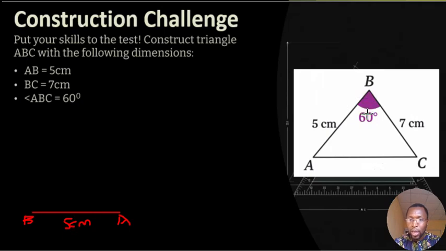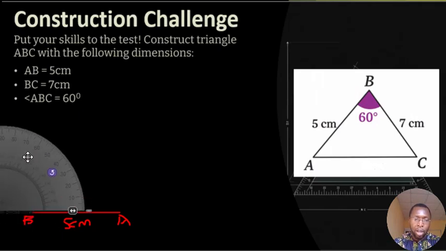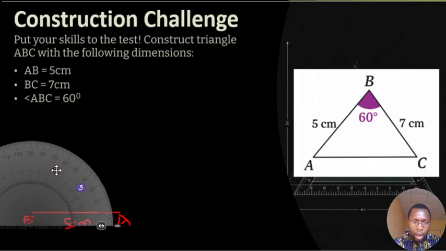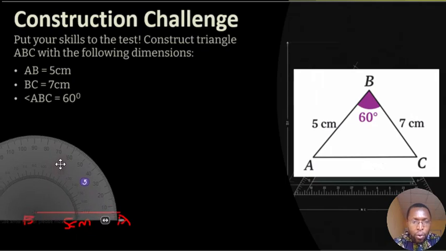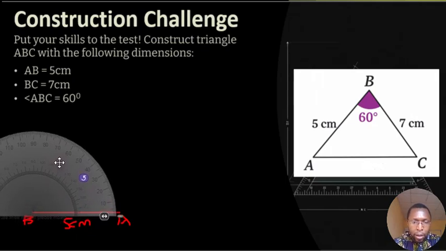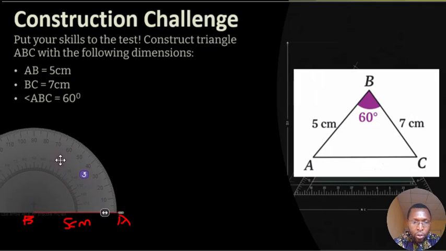Now because B is carrying the 60 degrees, I'll get my protractor. This is my protractor here. Place the center of the protractor at the end of the line, that's on B, because I want to measure 60.